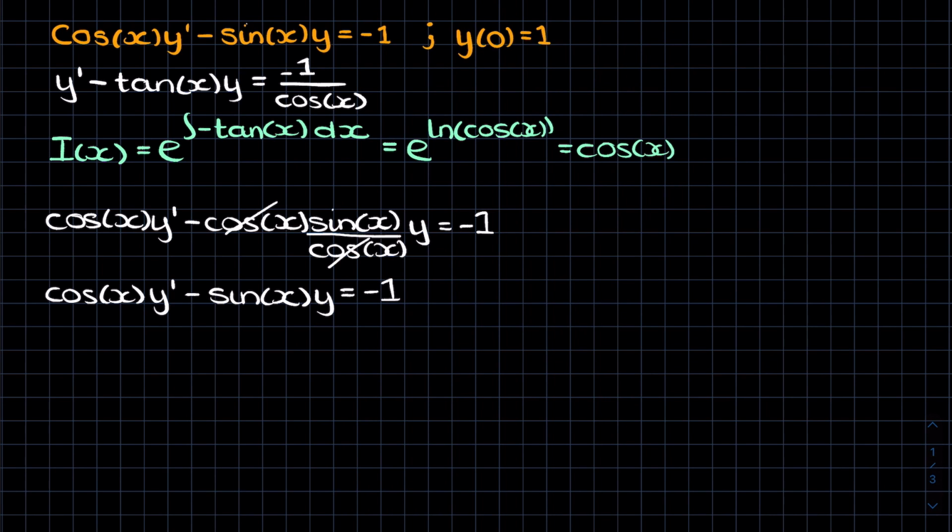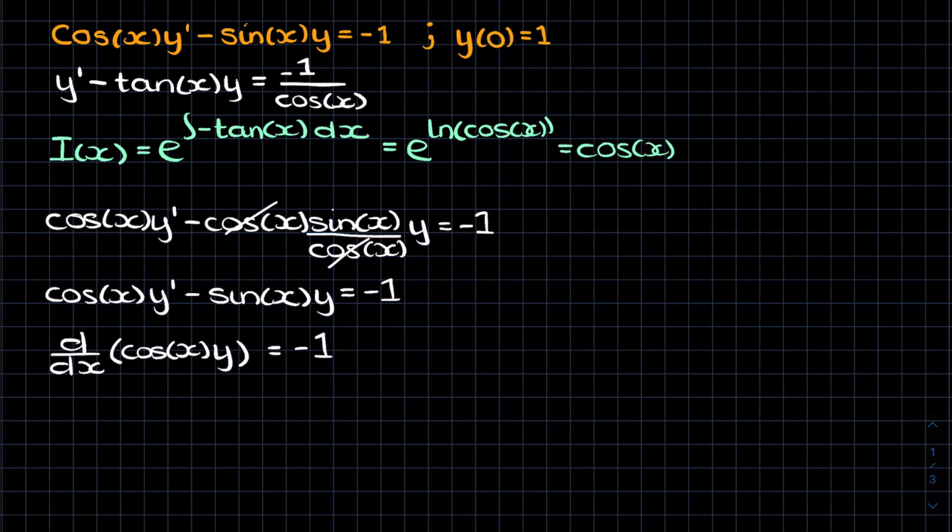Now on the left hand side, we can use the reverse product rule, and we can write it as d dx of cosine of x multiplied by y, and that will just equal our right hand side, minus 1.